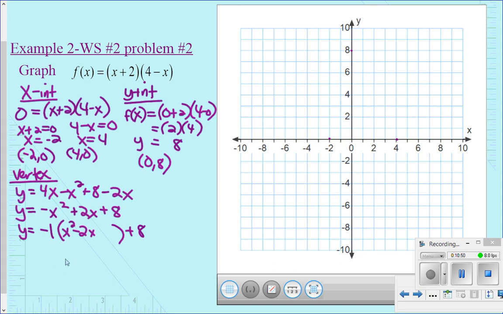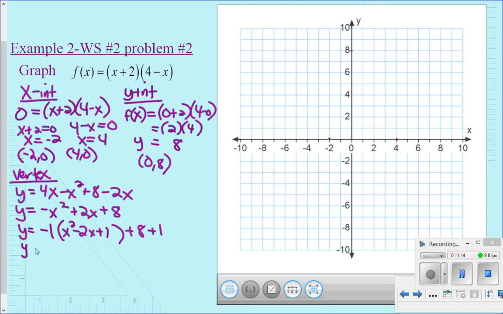When I square negative 1, I get positive 1. So positive 1 completes the square, but it's actually positive 1 times the negative 1 out front, which means negative 1 is what I randomly added. So to balance my equation out, I have to add 1 so that the negative 1 that I randomly added goes away.